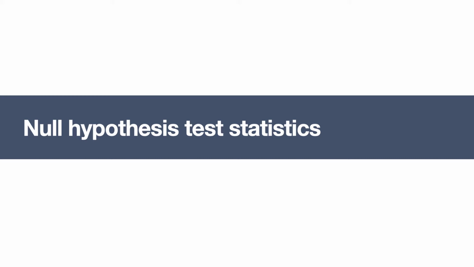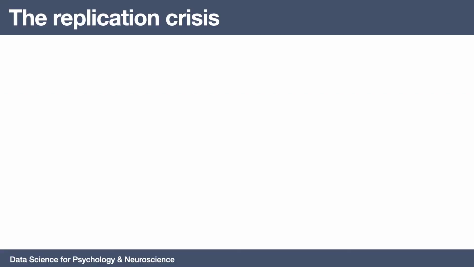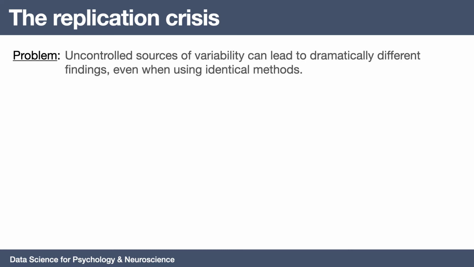This has been a topic of conversation in psychology and neuroscience for a long time. In particular, there's been a focus on dealing with what's known as the replication crisis. The replication crisis is a problem that emerged in the field where uncontrolled sources of variability can lead to dramatically different findings, even when using identical methods.